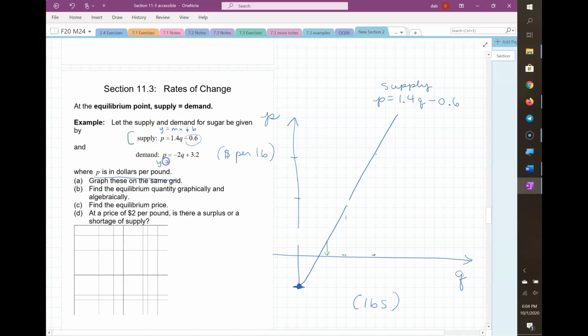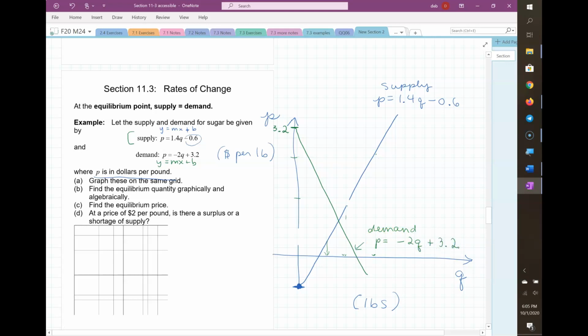And if I think of this as y equals mx plus b, then I see that I have a y-intercept of 3.2, so $3.20 per pound. And then I have a slope of negative 2. So this line is going downhill, and this is the demand function, P equals negative 2Q plus 3.2.